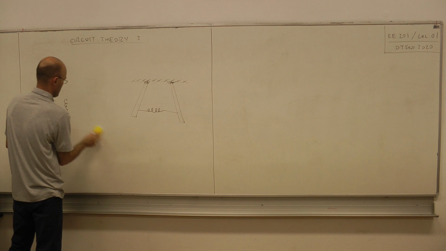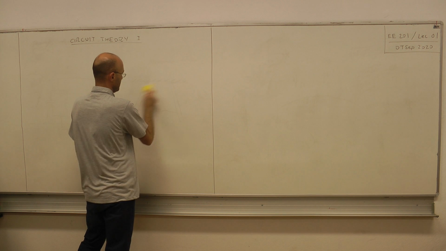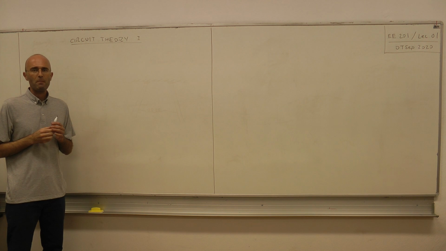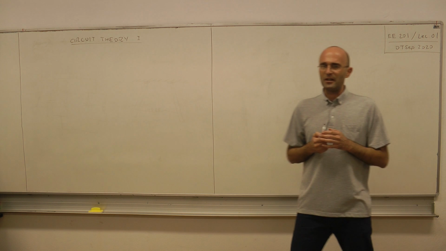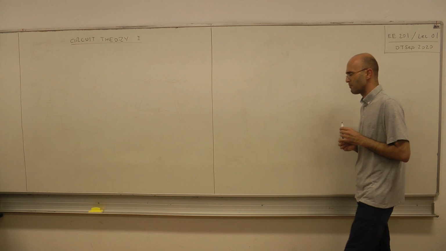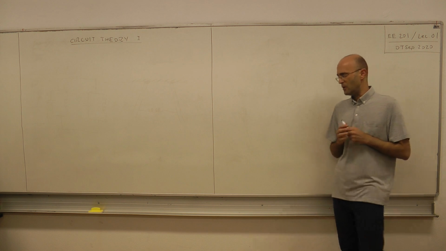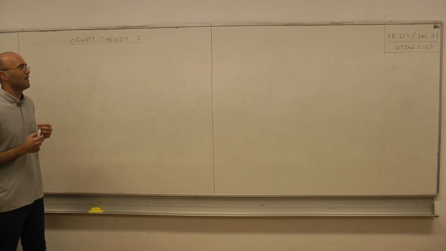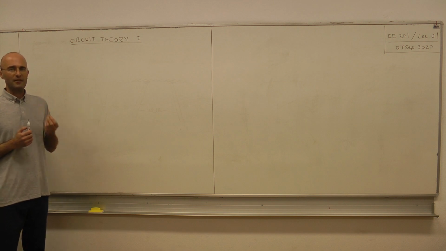Now, let's remember our rough definition of an electrical circuit. An electrical circuit is something that you use to manipulate electricity. Now, the next question is, what is electricity? Okay, well, we all have an idea of what electricity is, but roughly speaking, electricity is the general term that we use to define phenomena related to either the storage or the motion of something called charge, electrical charge.